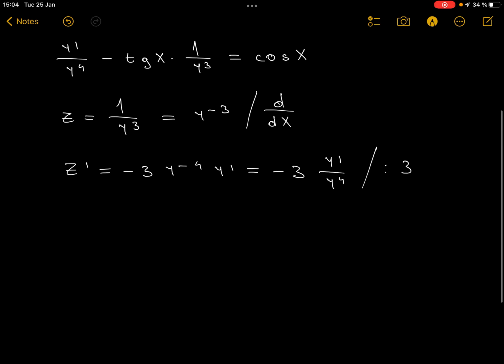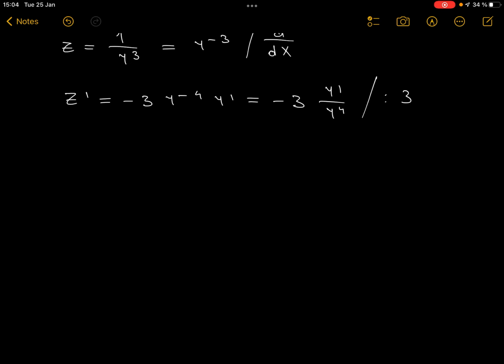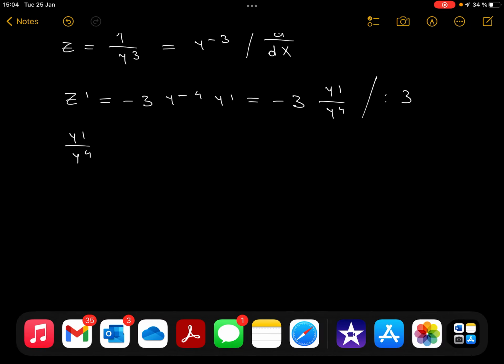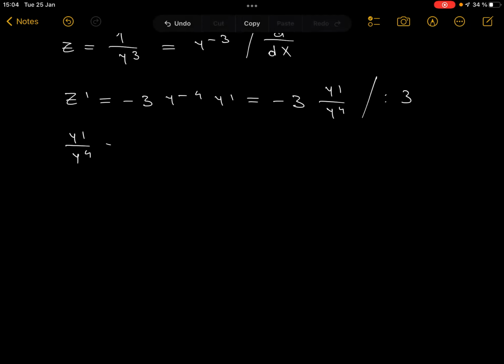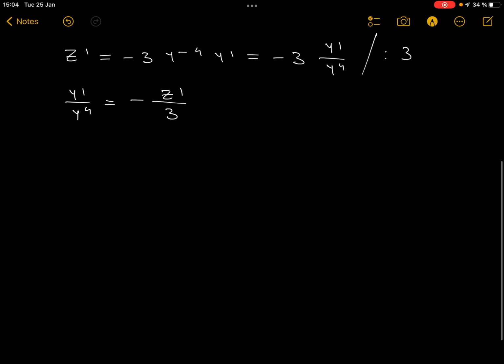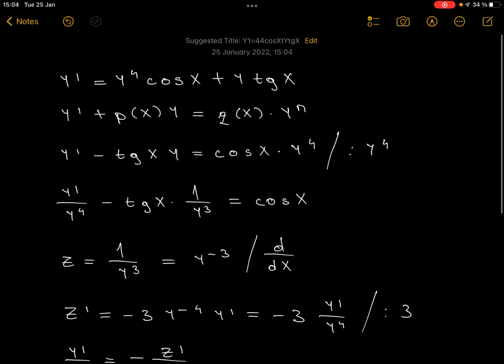Or when we divide both sides by 3, we'll get that y prime over y to the fourth power is equal to negative z prime over 3.